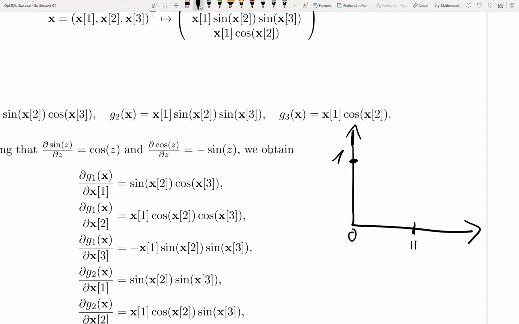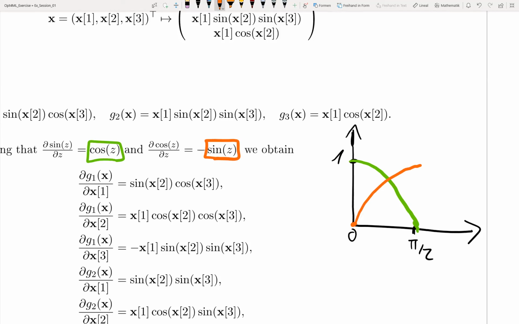But at pi half, it's 0. So cosine is going down here. And you know that sine is 0 at 0, and at pi half it's going up, not like a line, but rather something like this.